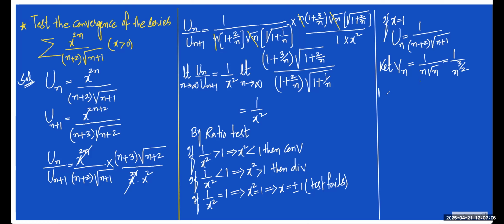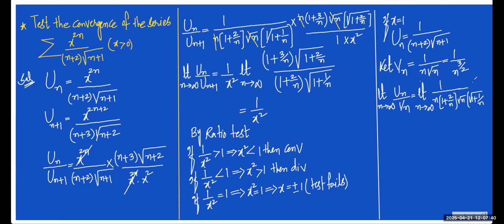Now I want to apply the limit comparison test, because we have already chosen the Vn value from un. The limit of un divided by Vn as n tends to infinity. I am solving un for a few steps: taking n common, we get 1 plus 2 by n, and taking the root common, under the root only 1 plus 1 by n.